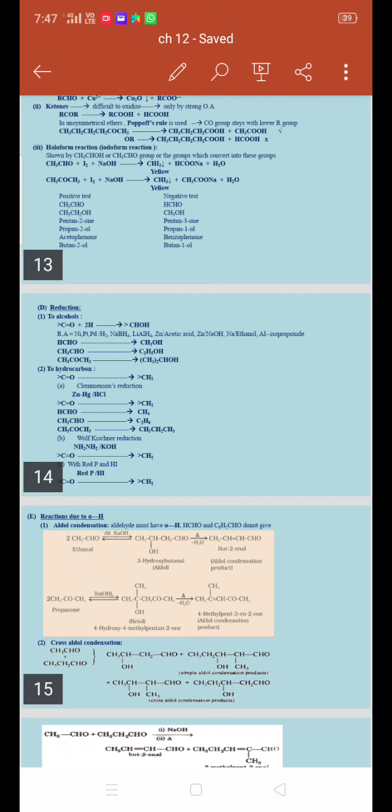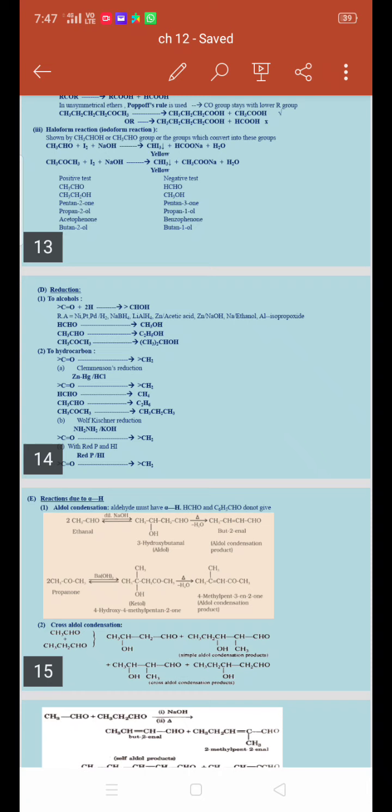Now I am moving to the second point. Your aldehydes and ketones can be reduced to hydrocarbon. As the name indicates, there will be a carbon group and a hydrogen group. This reduction is called Clemmensen reduction. Now who is going to catalyze this reaction? This reaction is catalyzed by zinc amalgam and hydrochloric acid.